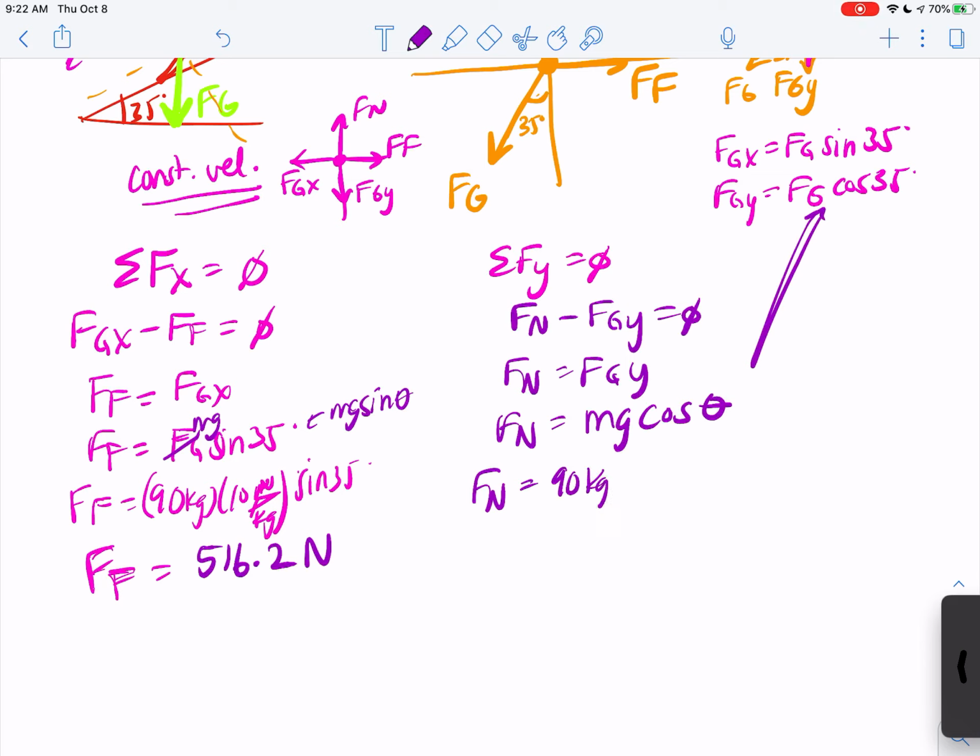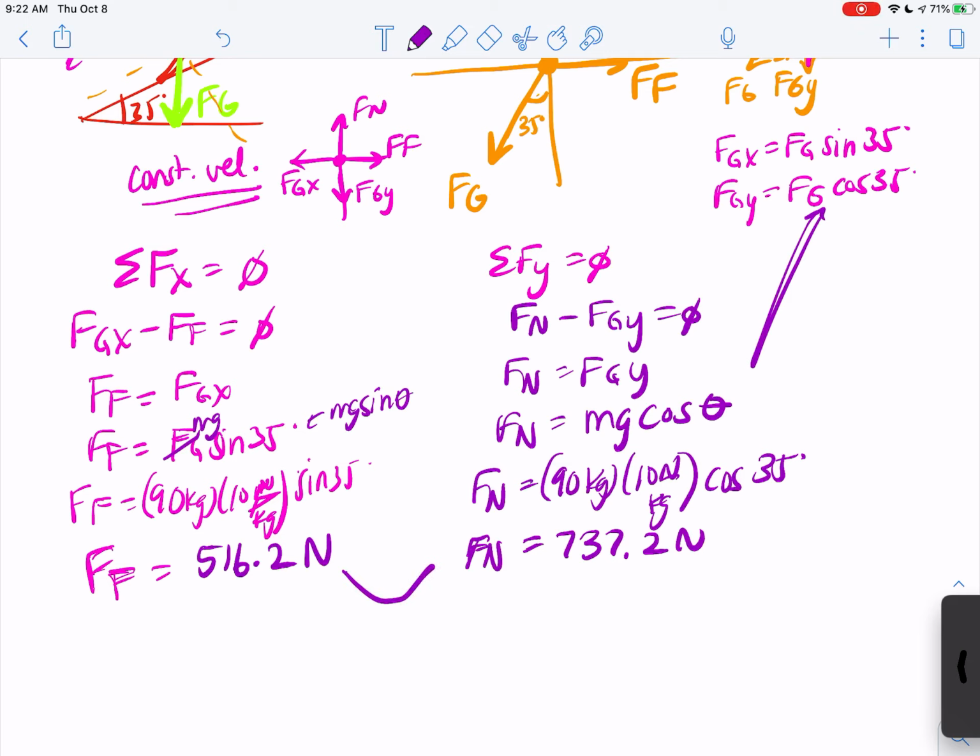So 90 times 10 times cosine 35, so 900 cos 35, 737.2. It makes sense that the y direction is bigger because it's under 45.